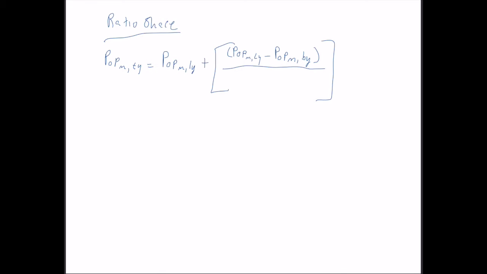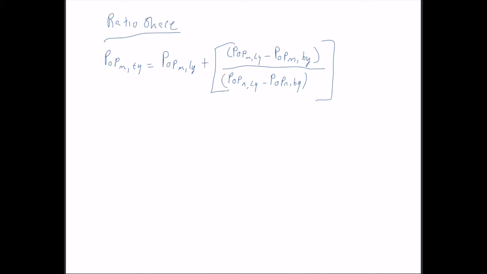We divide all of that by population sub n, which is population of the larger area or the parent area in the later or launch year, which would be 2010 in this case, minus population in sub-area n, which again is that larger parent area in the base year. That's the year 2000 in our case.